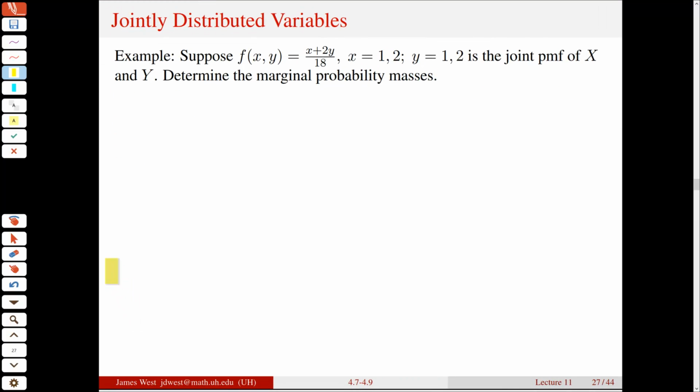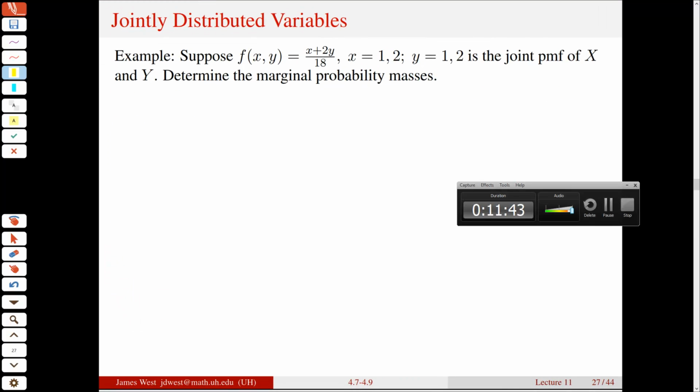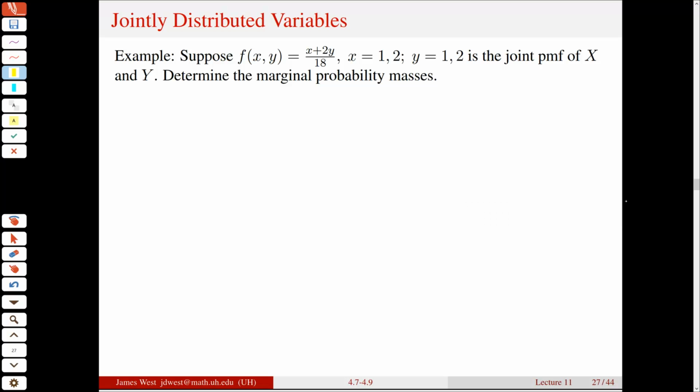Now let's look at something a little more complicated. In this example, we're given a formula for f of xy. F of xy equals x plus 2y over 18, where x can take on the values 1 and 2, and y can take on the values 1 and 2. And we want to determine the marginal probability masses.